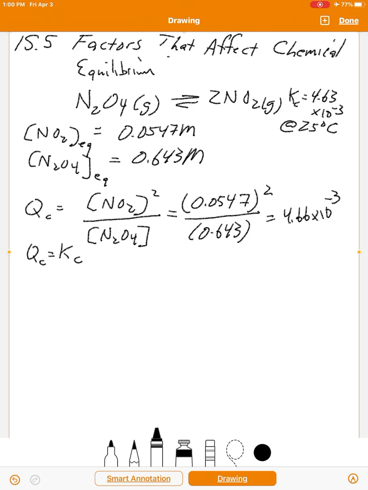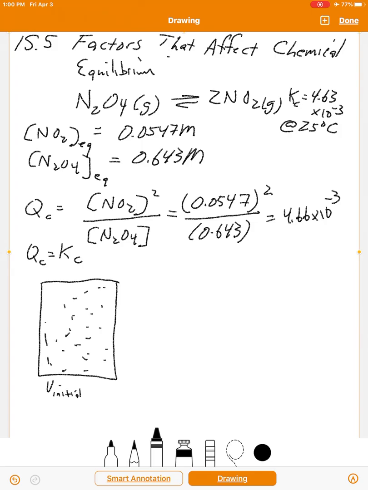Now what we're going to do is change the volume of the container. I'm going to decrease the volume of the container by a half. So this is our initial volume, and it has all the N2O4s and all the NO2s mixed in together, given these concentrations right here.